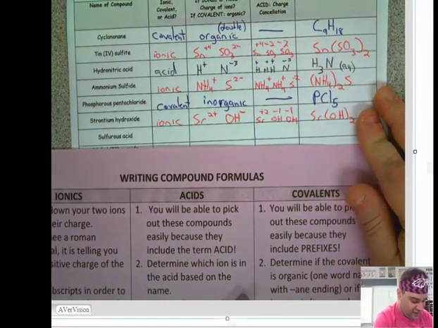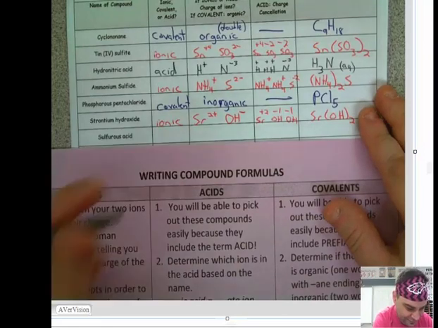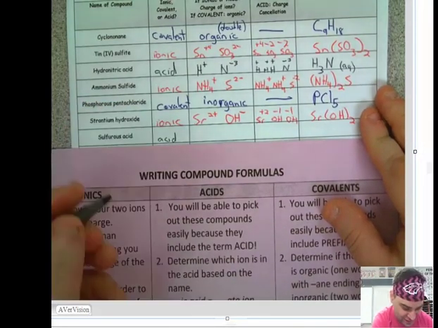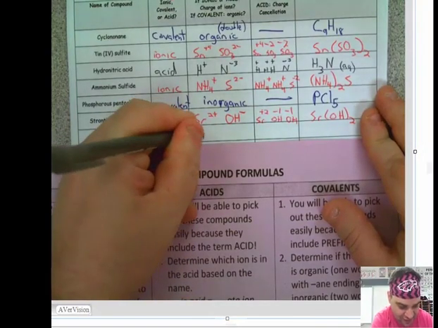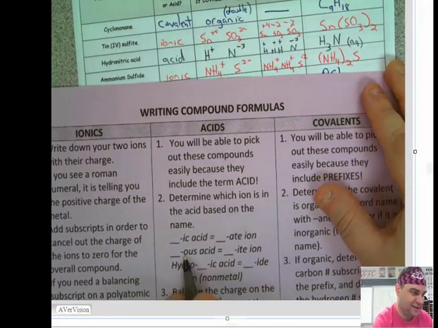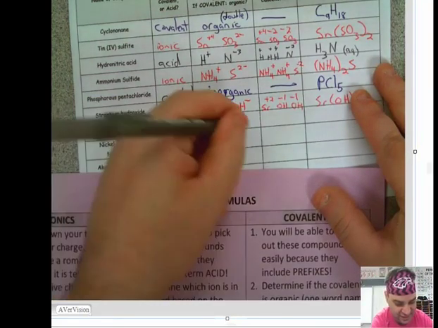Okay, sulfurous acid here. This must be an acid. How do I know that? Because it says acid. All acids start with H+. So this is an -ous acid here. -ous acids came from -ite, so we need to know what sulfite is.